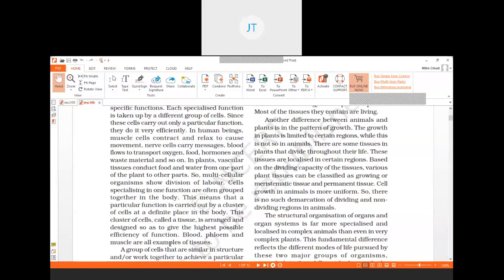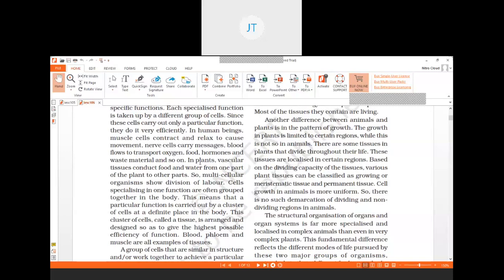They are also complex in terms of other organisms, but when we talk about animals, the most complex animal is we human beings, and the plant is not that complex, so they have tissues but not the different kinds that we have. Only two or three different tissues are there.